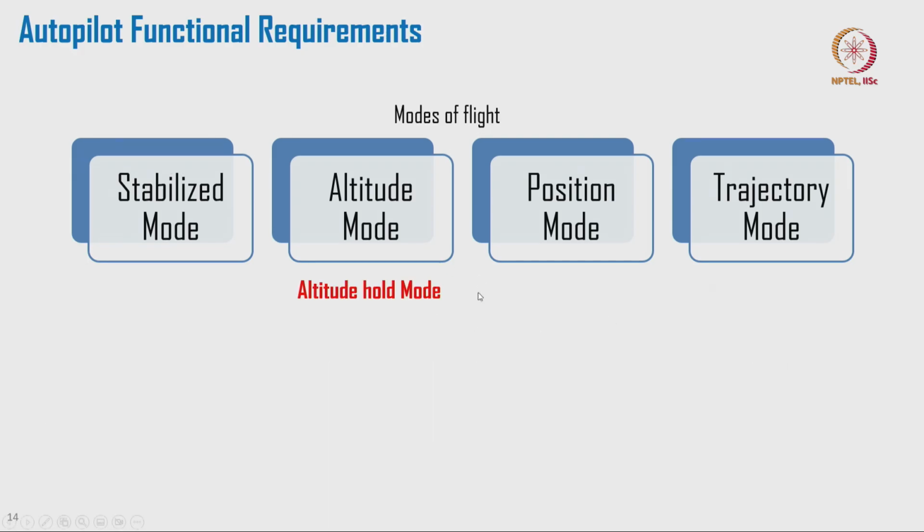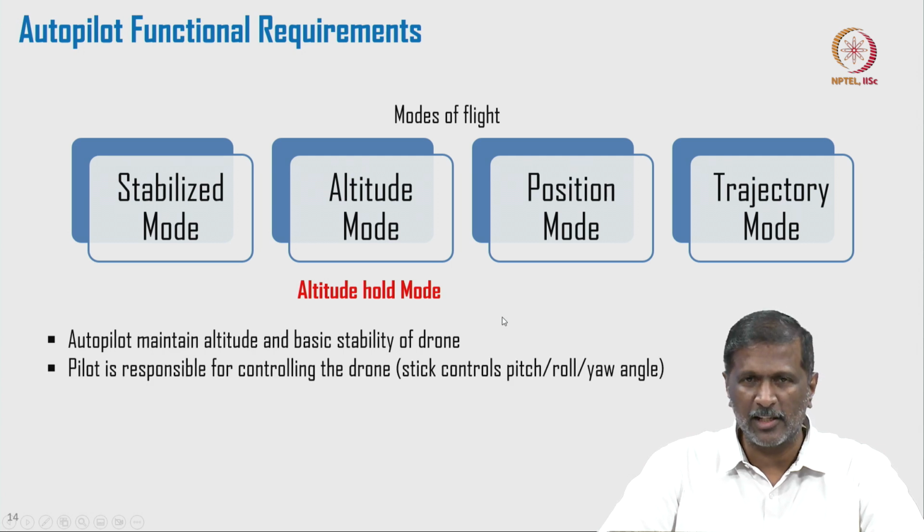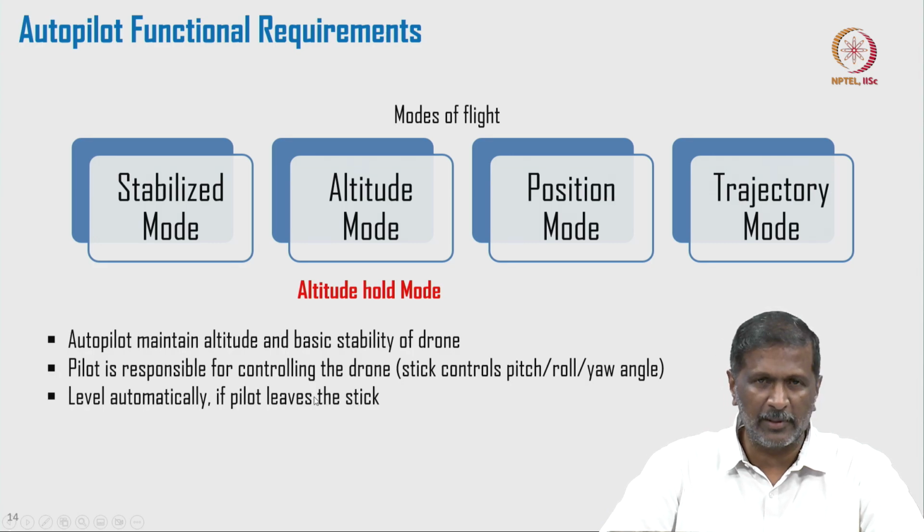Now when we move on to altitude hold mode, we talk about maintaining altitude and basic stability of the drone. The pilot is responsible for controlling the drone. Basically the stick control will give a pitch, roll and yaw command. It levels automatically if the pilot leaves the stick.